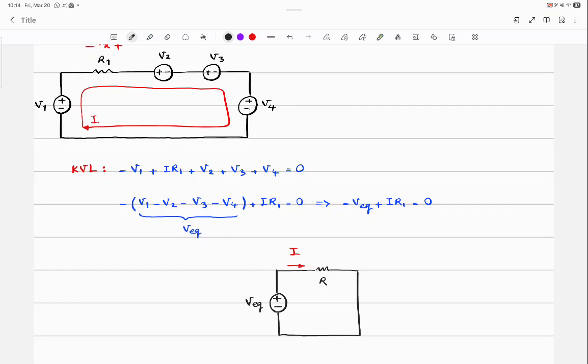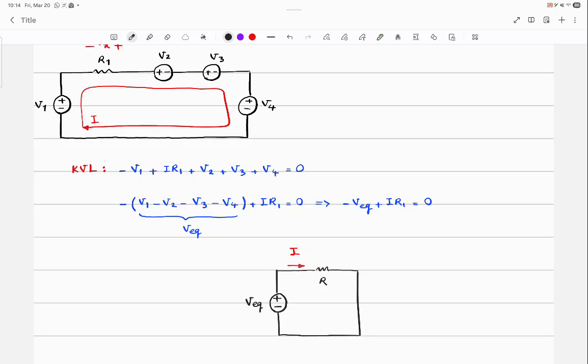One other way of thinking like that is that voltage sources try to supply power to the circuit, right? And this is how they usually do it. They push current out of their positive terminal, okay? This is something that you can remember for handling these cases. So they push current out of the positive terminal.